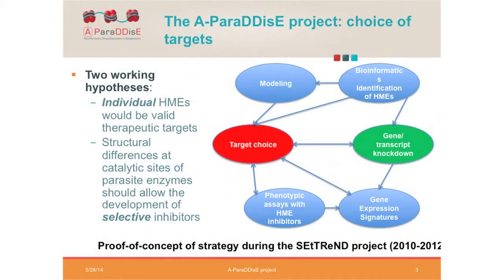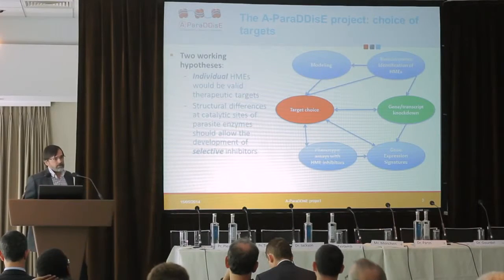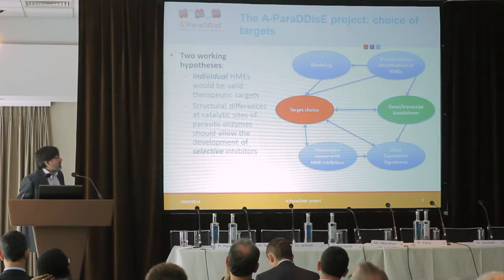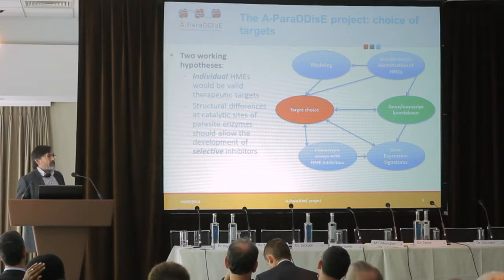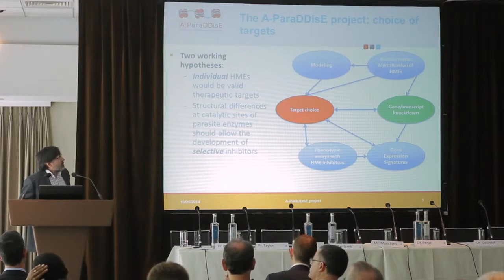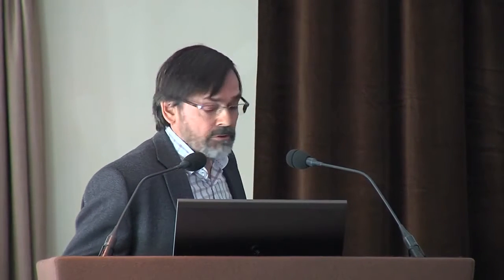And there are different ways in which we carry out target selection based on different criteria. One of the main ones is obviously gene or transcript knockdown in the different parasites. We also use phenotypic assays with HME class inhibitors and bioinformatics and modeling as well to inform these choices.